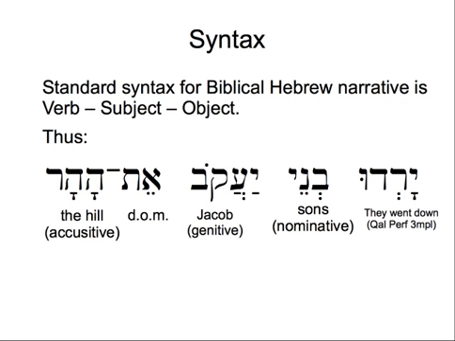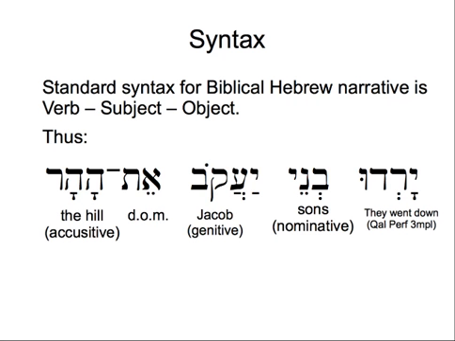And so if we look there, we've got a Qal perfect third masculine plural verb up front from the root yarad, and so that would be they went down. Well, who went down? The sons. The subject is following that verb. The sons went down. So the sons is our subject. That's the nominative noun there. Jacob there is in the genitive position, and so that would be a possessive. And so Jacob's sons went down. That's how we would translate those first 3 words.